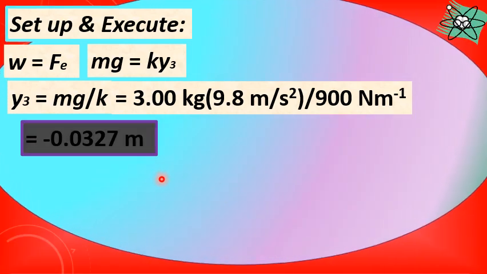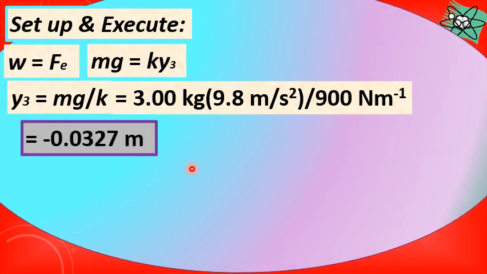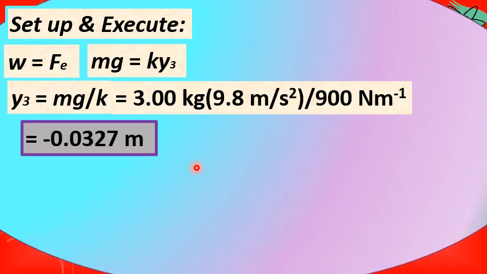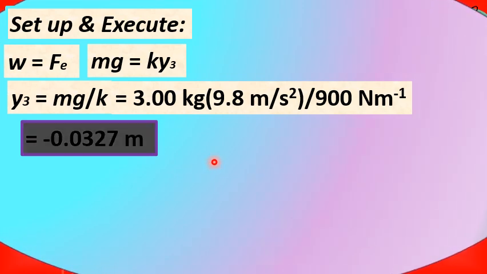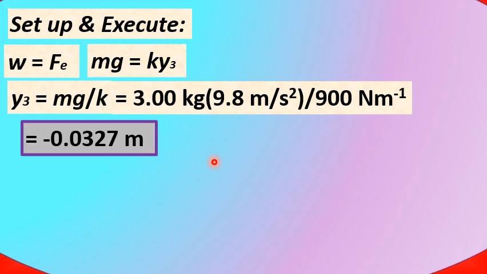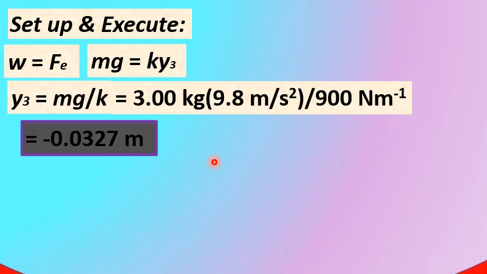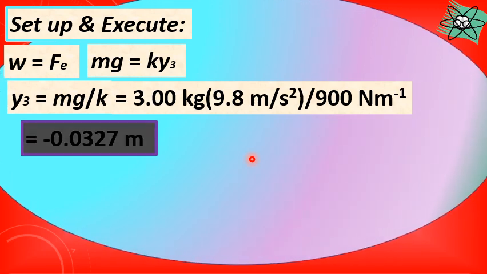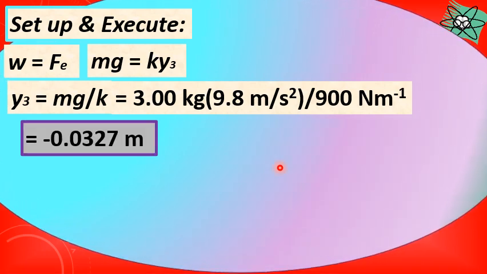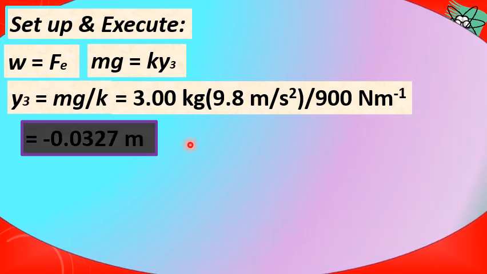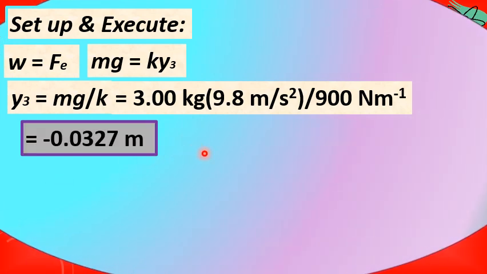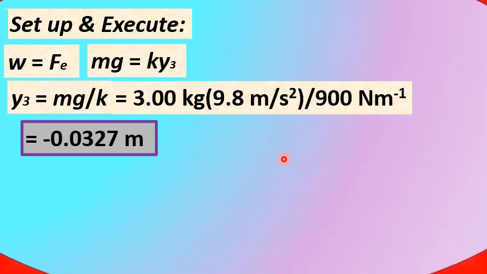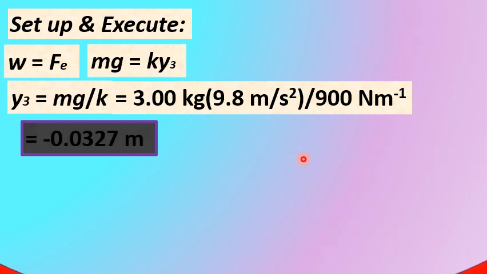So, we can infer that at position 2, where y is equal to negative 0.0500 meter, the fish is already slowing down, right? Earlier, we got the instantaneous speed at y sub 2 being equal to 0.480 meters per second.